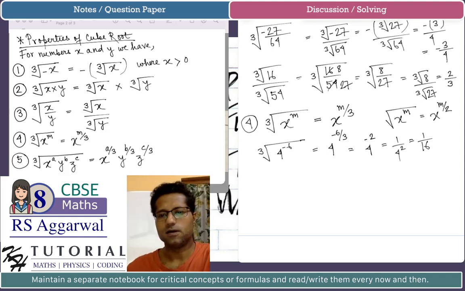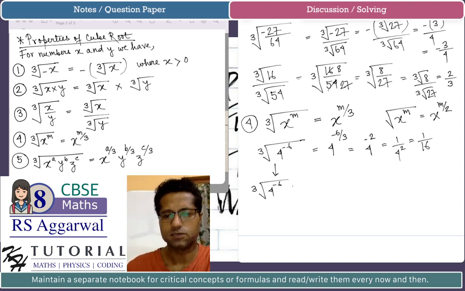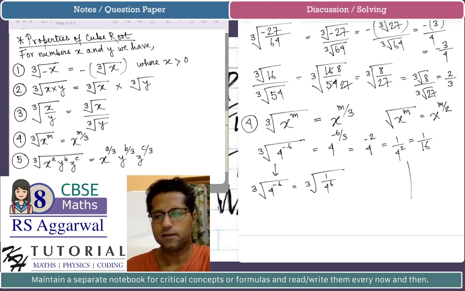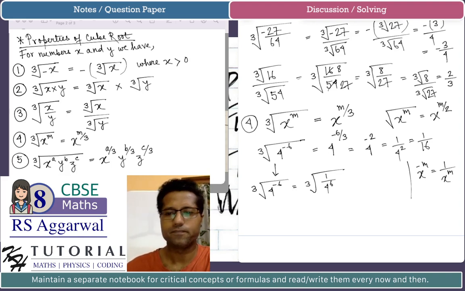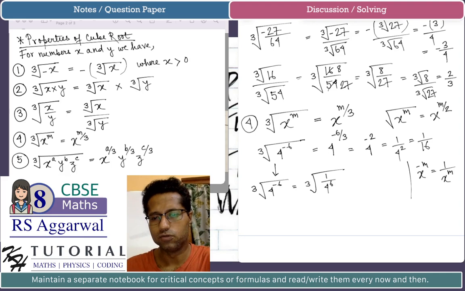Now, this could have also been evaluated like this. Cube root of 4 to the power minus 6, where 4 to the power minus 6 is nothing but 1 by 4 to the power 6. We know that x to the power minus m is equal to 1 by x to the power m. So, we have cube root of 1 by 4 to the power 6.